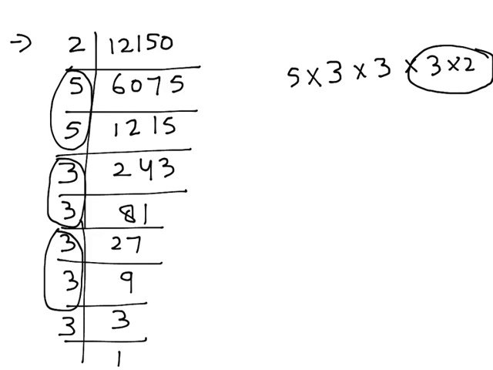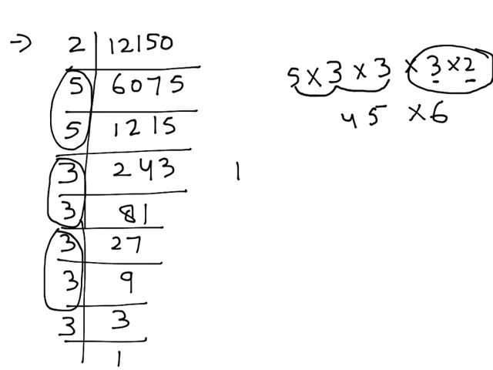So from here, 5 times 3 is 15, 15 times 3 is 45. And here we don't have 3 and 2 in a pair. It means we have to multiply by 3 and 2 so that they can be a pair and the number can be a perfect square. And 3 times 2 will give us 6.